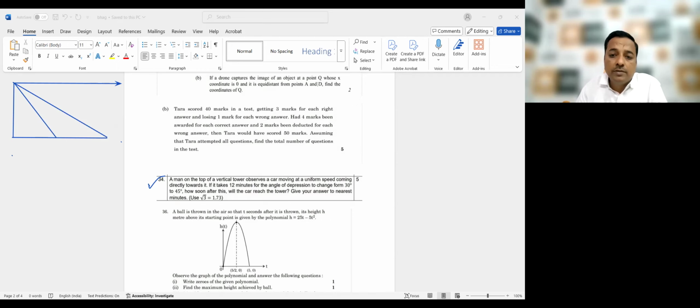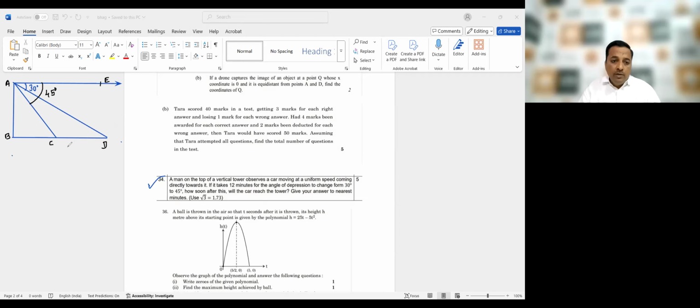Now our work starts. First this angle of depression is 30 degrees. After some time the angle changed to 45 degrees. Just give labeling: A, B, this one is C, this is D, this one is E. Again the question is for 5 marks, so mention every point properly.